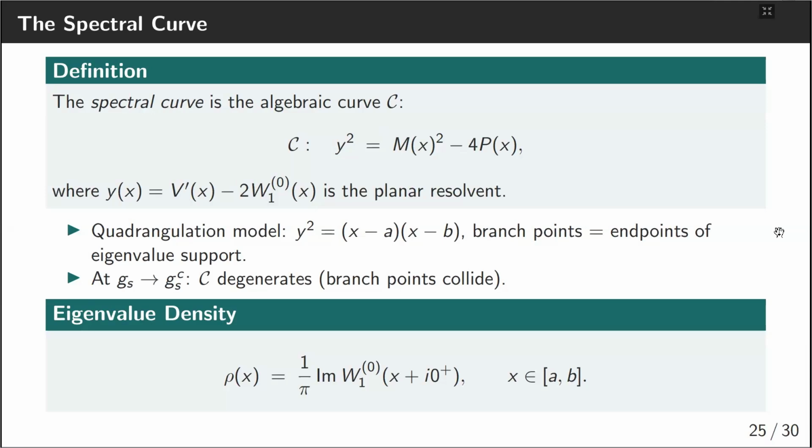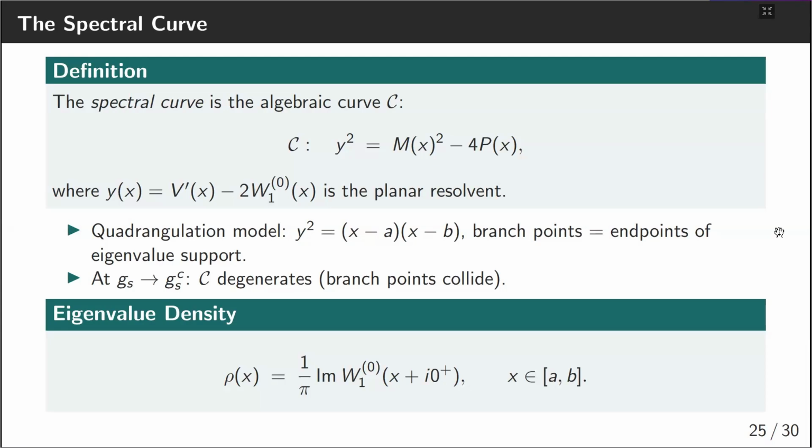In the quadrangulation model, y squared is (x minus a) times (x minus b), and the branch points are the endpoints of the eigenvalue support, because of the way it's defined. And as g goes to g_c, the curve degenerates. The branch points collide.